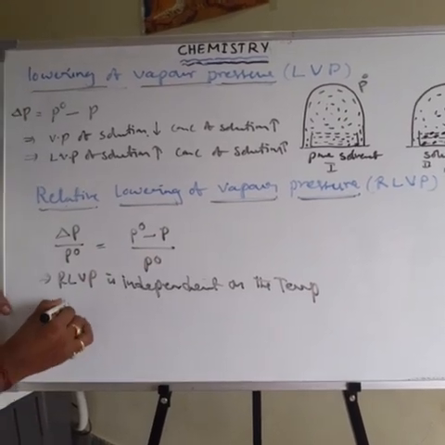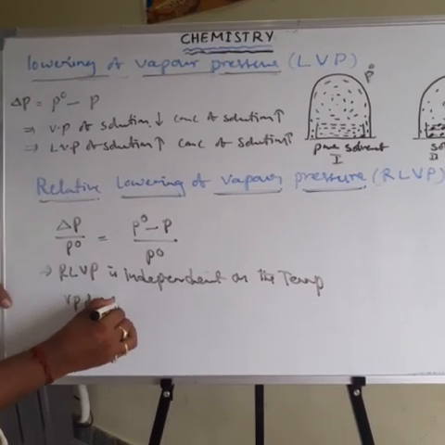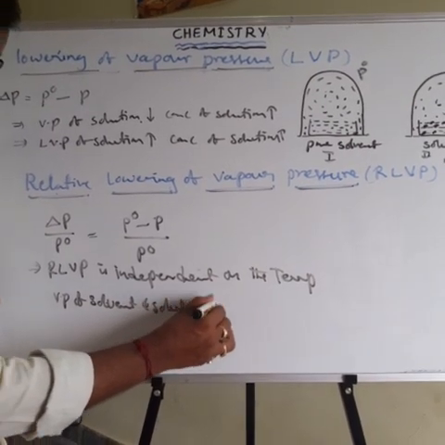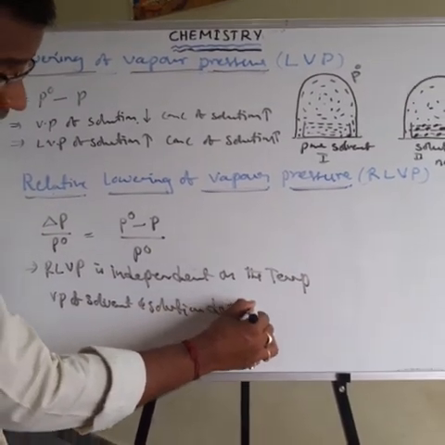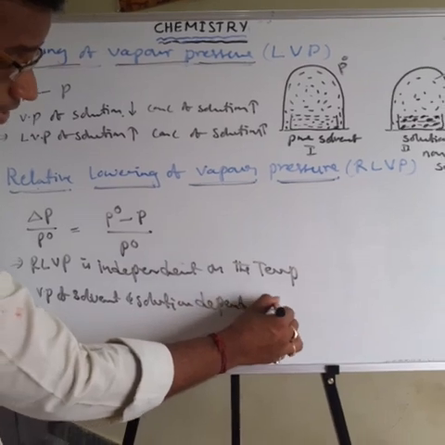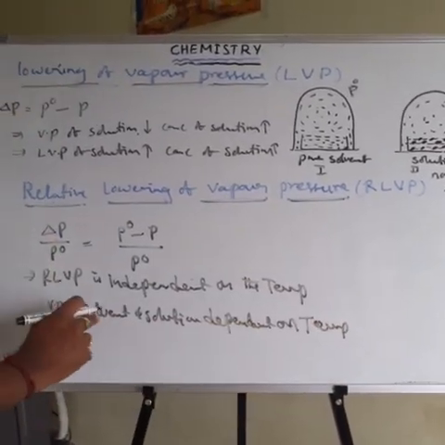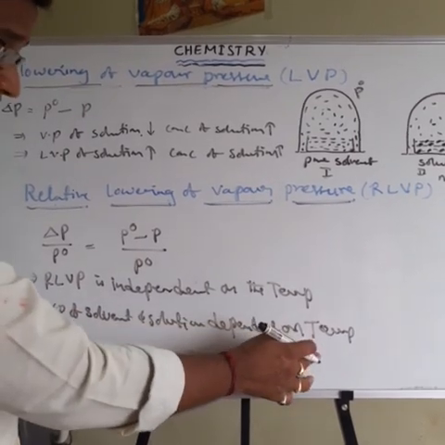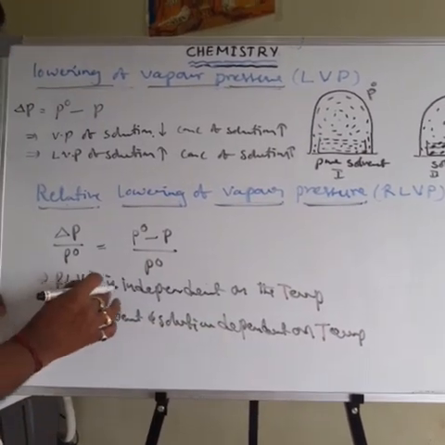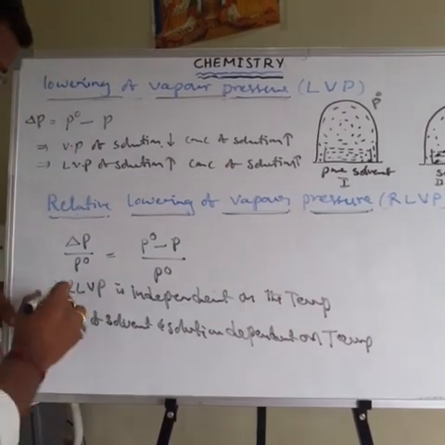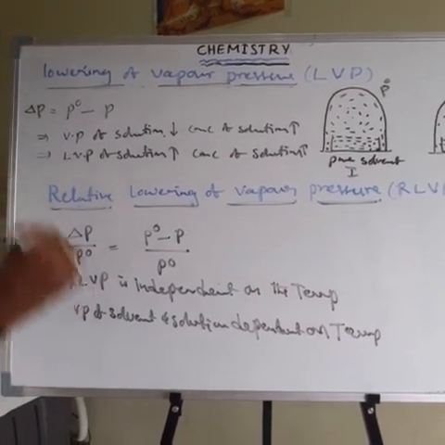Even though the vapor pressures of the solvent and the solution depend on temperature, the relative lowering of vapor pressure of the solution is independent of temperature. So that is one of the important points in this concept.